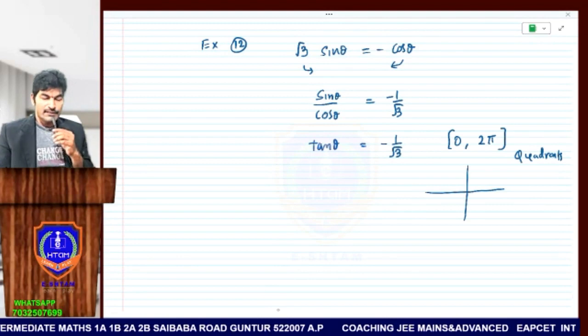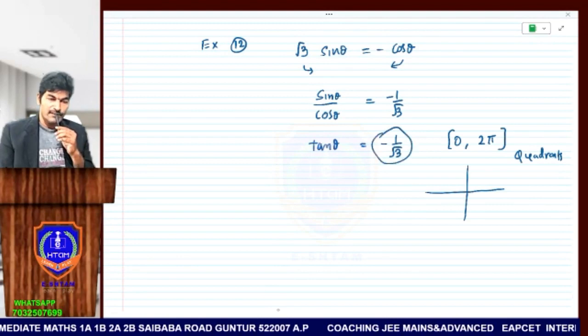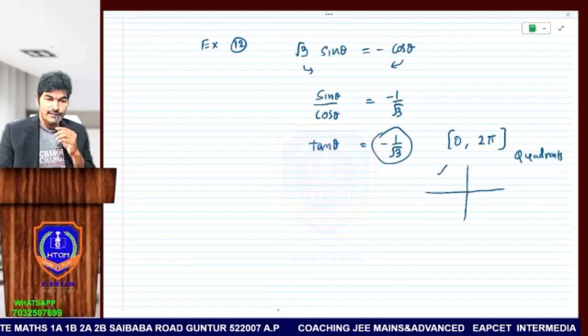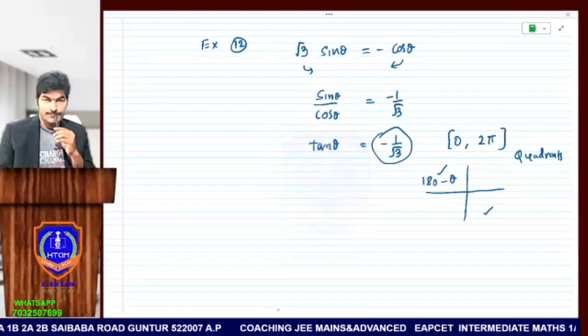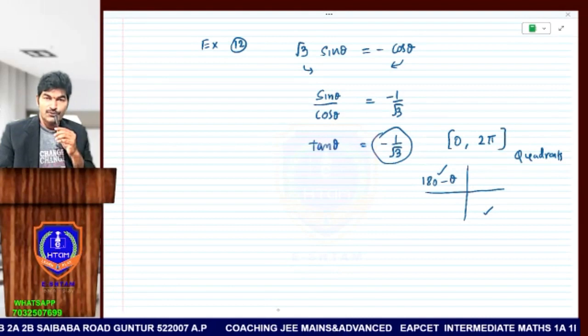Tan theta is negative here, minus 1 by root 3. Where is it negative? In the second quadrant and in the fourth quadrant. In the second quadrant, you should use the angle pattern 180 minus theta. For the fourth quadrant, you should use the angle pattern 360 minus theta.